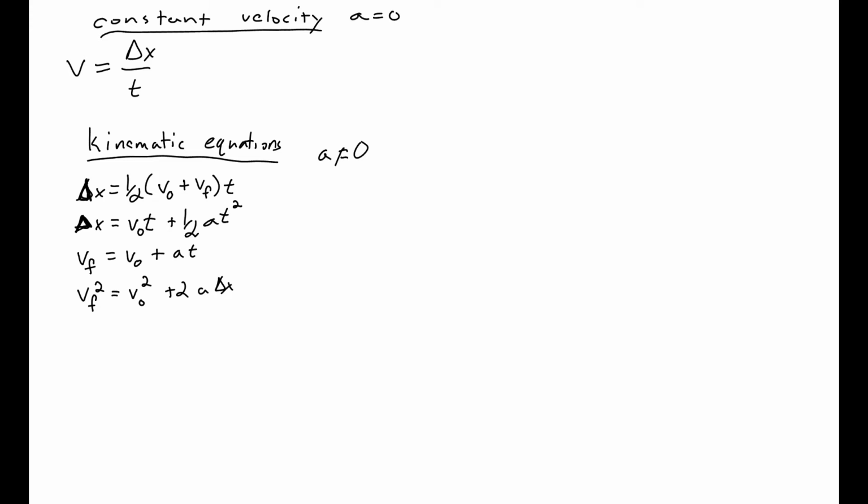Alright, so now we're going to go through what all the variables mean. v is just our velocity, measured in meters per second, abbreviated m/s. When I just use v, that means it's constant velocity. If the velocity is going to be changing, I'm going to use vo and vf.